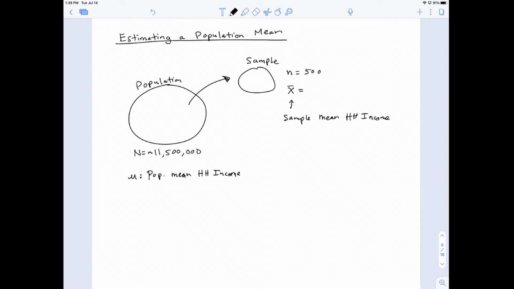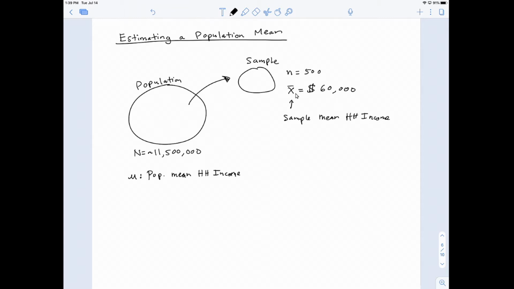Okay, and let's just say, for example, that number was 60,000, just to make this a simple example, right? So this is our best estimate for mu, which is the population mean. So in estimating a population mean, this is the best point estimate.